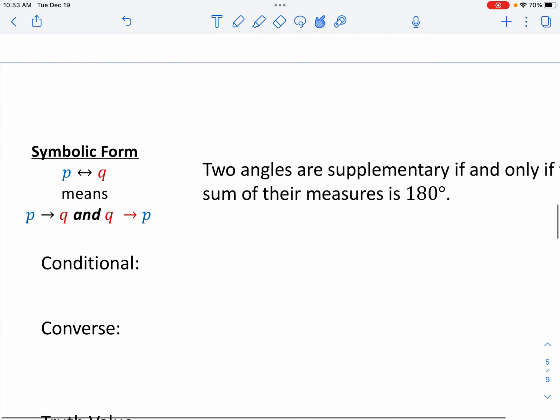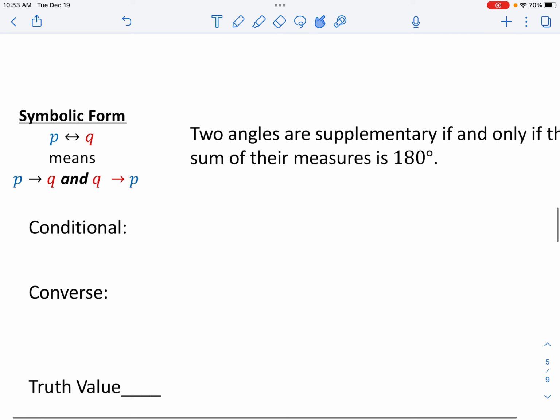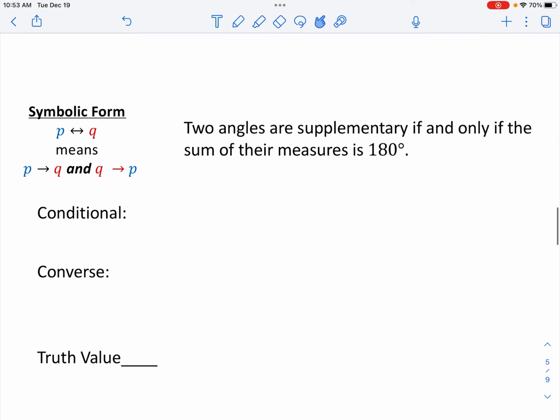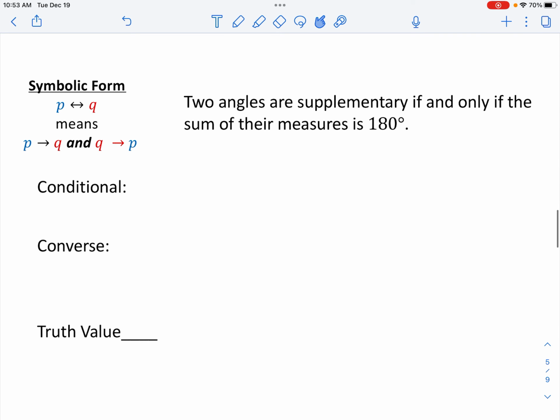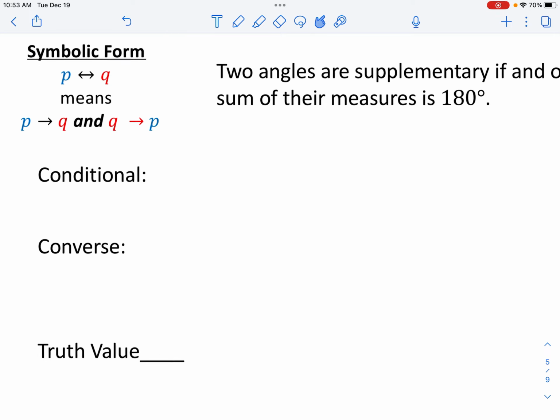Okay, so I have the symbolic form on the left here, and we're gonna look at a statement. It says two angles are supplementary if and only if the sum of their measures is 180 degrees. So we're going to write the conditional statement first. Let's do that.